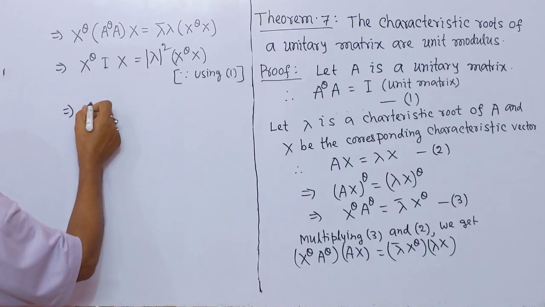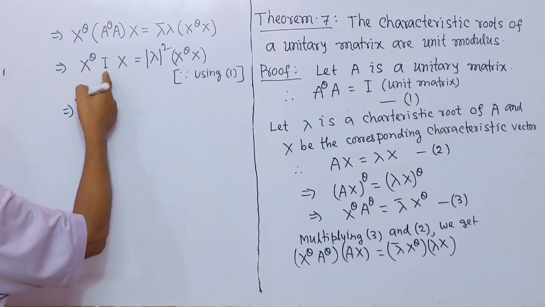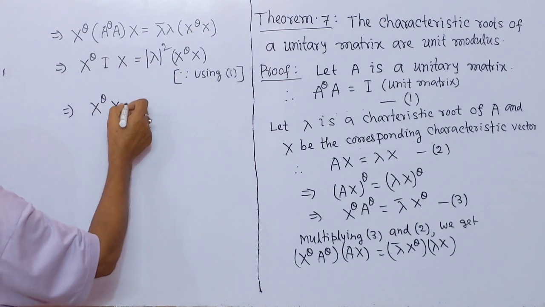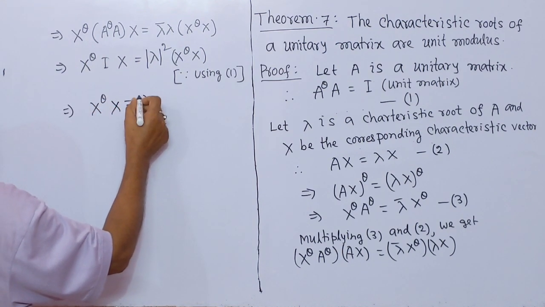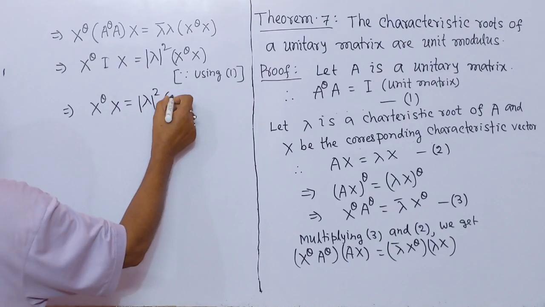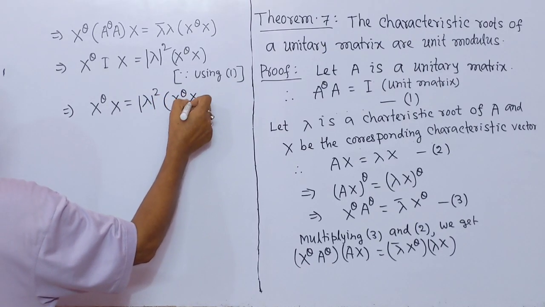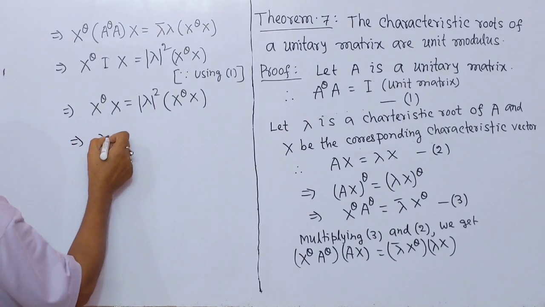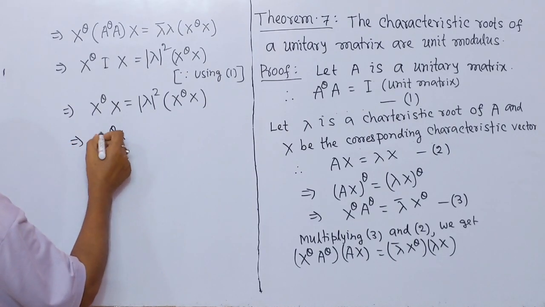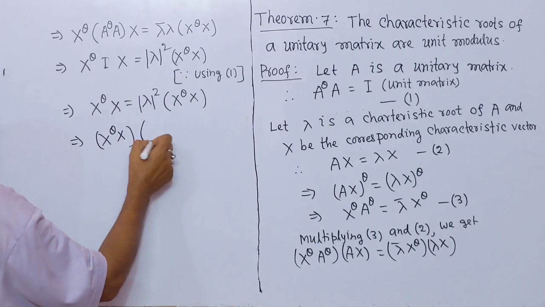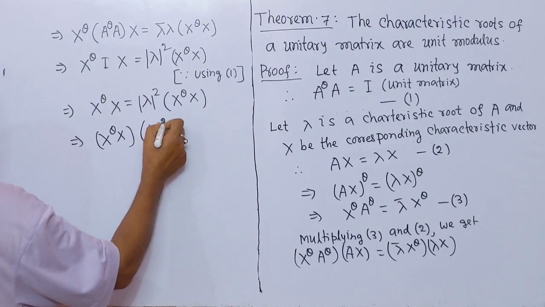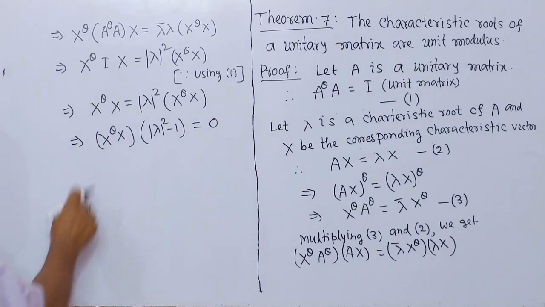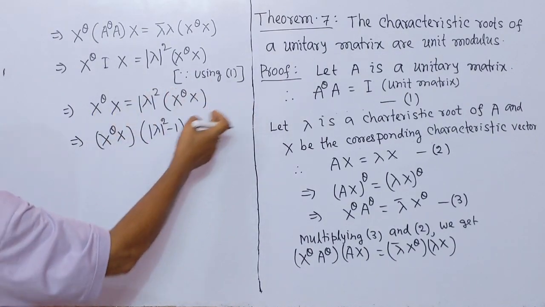This implies that x^θ multiplied by the unit matrix multiplied by x = modulus of lambda squared, x^θ multiplied by x, which implies that x^θ x times (modulus of lambda squared minus 1) = 0.